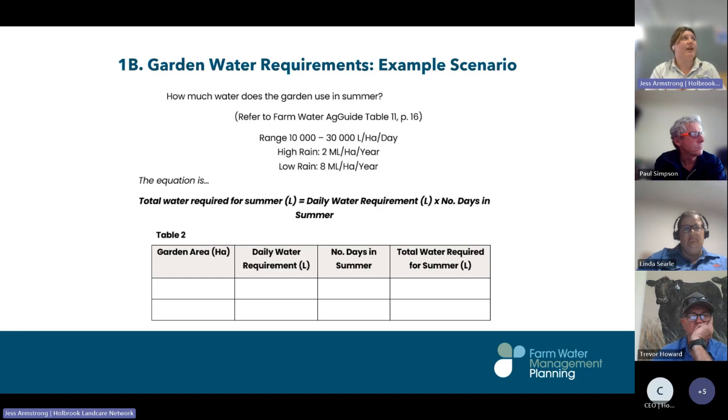And sorry, there's another error on that slide. By the garden area. So for this example, I've decided to work off the basis that daily my garden area might require 20,000 litres per hectare per day, which may sound like a lot, but you remember we've only got 0.2 hectares.